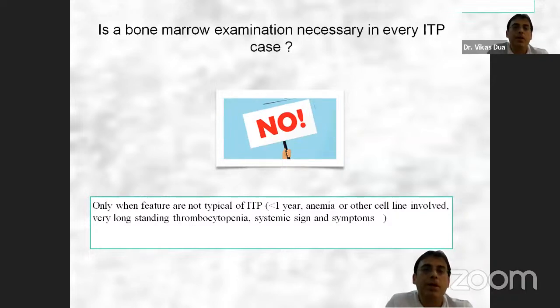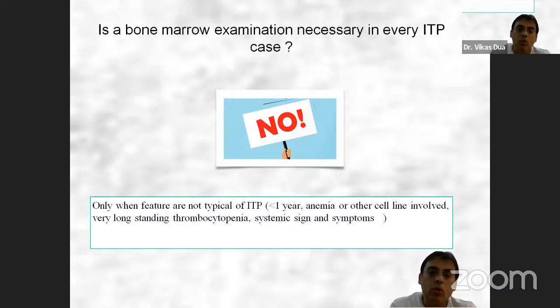Many people may say that when you are starting steroids, you can do a marrow. But if you look at the recommendations by the American Society of Hematology and the British Society of Hematology, nobody would say that you have to do a marrow.